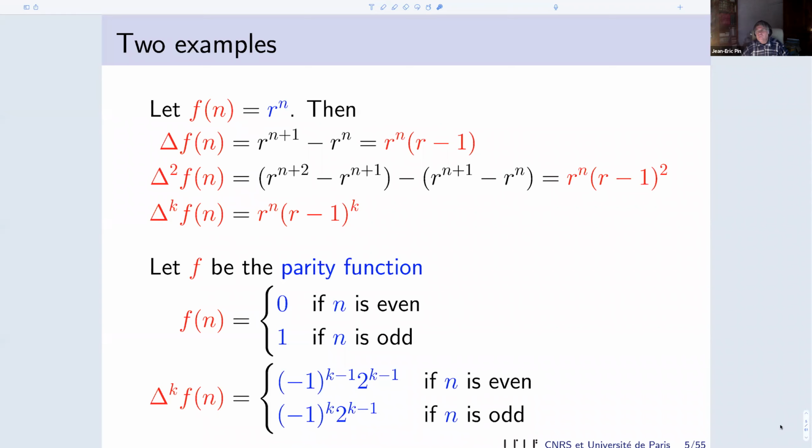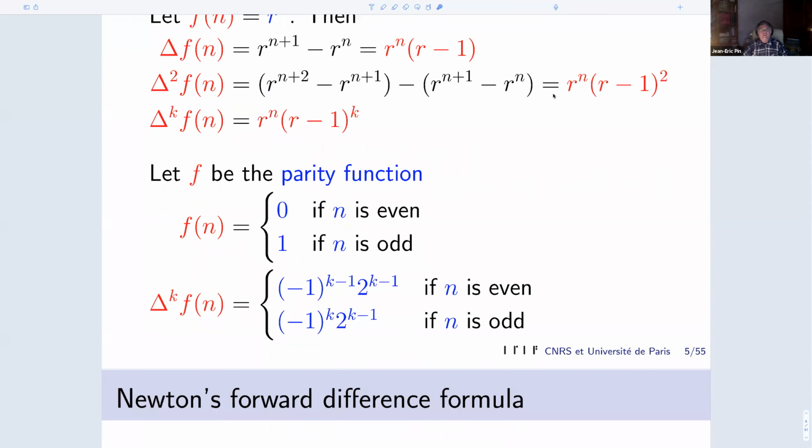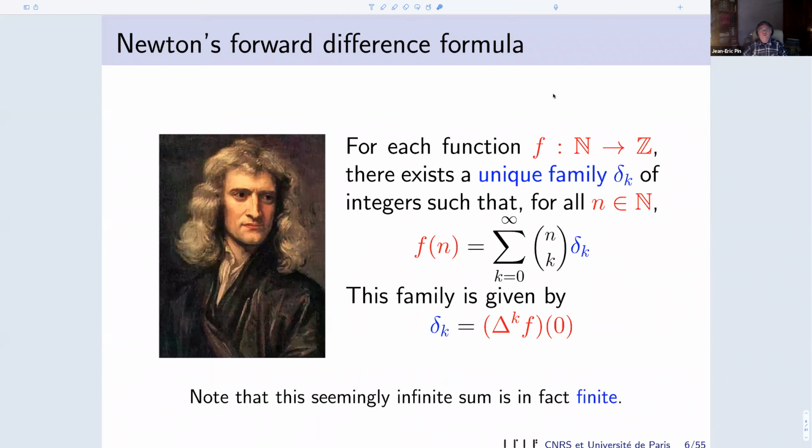Okay, so what can I do with this? Here is Newton's forward difference formula, which is a nice combinatorial property, which holds for any function from N to Z. This formula tells you that there exists a unique family delta k of integers, such that f of n is the sum of the binomial n choose k multiplied by this coefficient delta k.